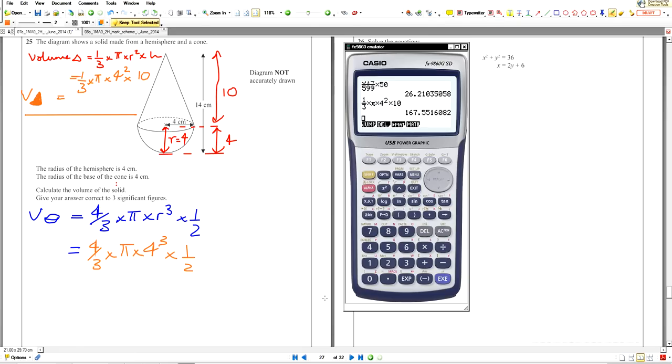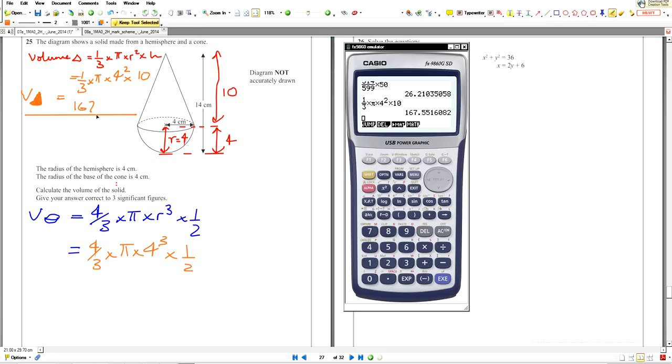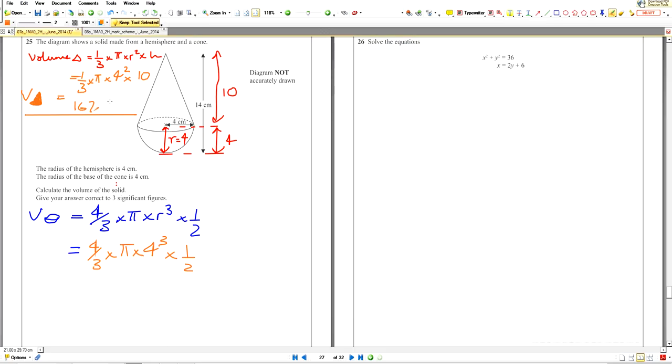And that gives us 167. Okay, that's lovely. Let's write that down over here. So we get 167.5516. That'll do for the moment. Let's work out this one now, the volume of our hemisphere.